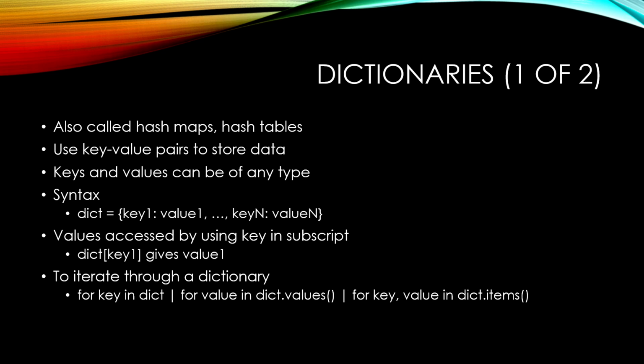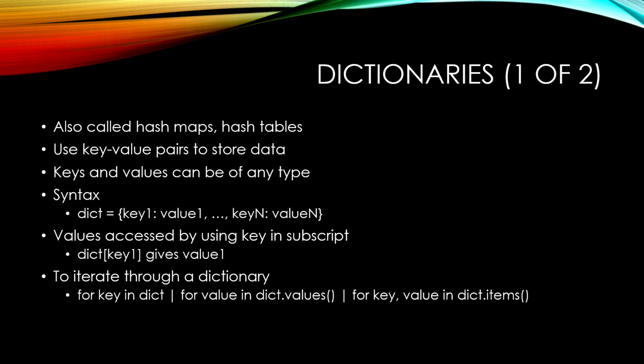Their syntax is, you have the dictionary name equals, in curly braces, you have key 1 colon value 1. You comma separate each of these, so it's key 1 colon value 1 comma, key 2 colon value 2 comma, all the way until you get to key n colon value n, closing brace.